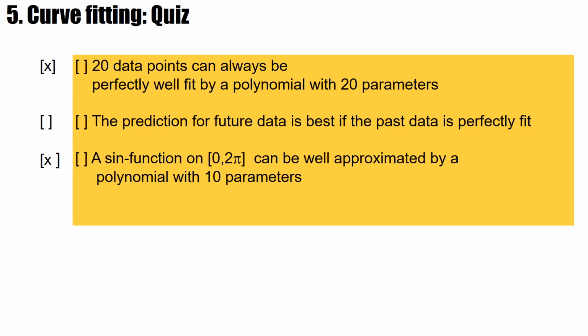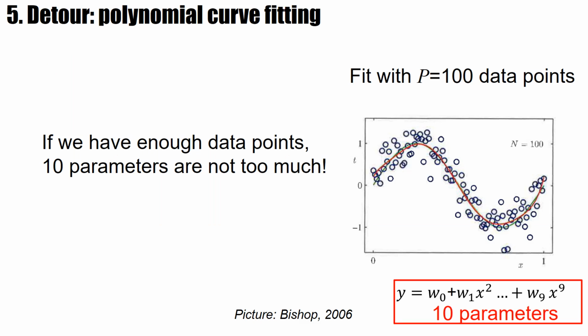So a sine function can indeed be well approximated with 10 parameters. And here is the example. Here I have many data points. I have not 10 data points, but now I have 100 data points. And in that case, the same function with 10 parameters fits the green curve quite nicely.